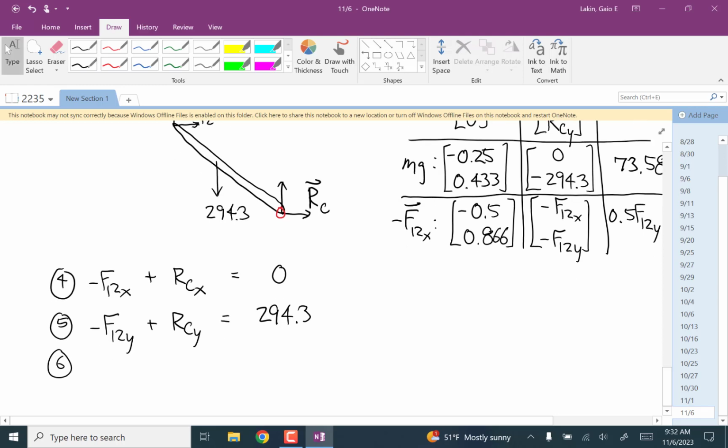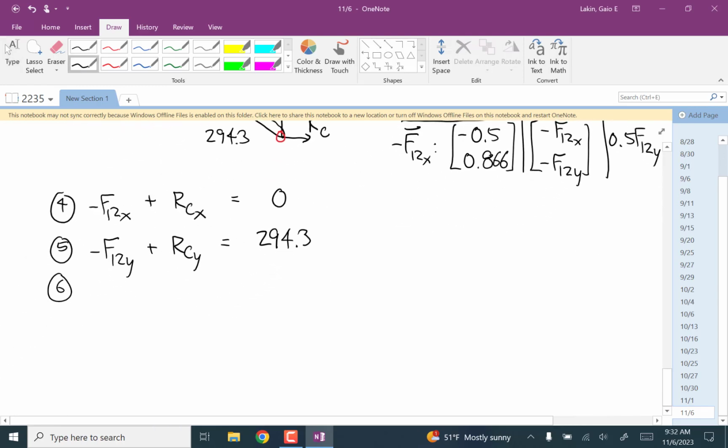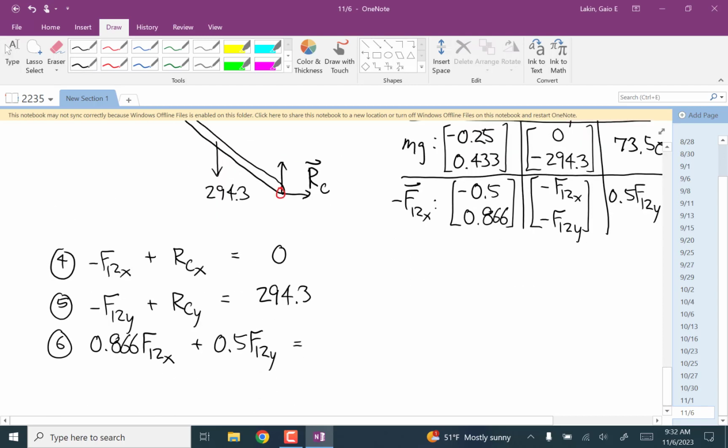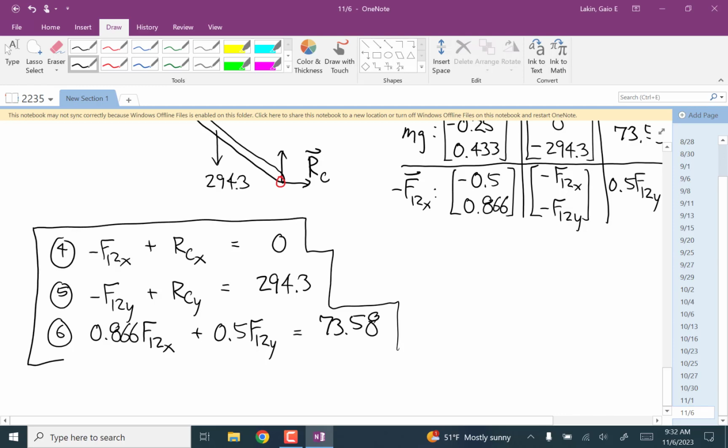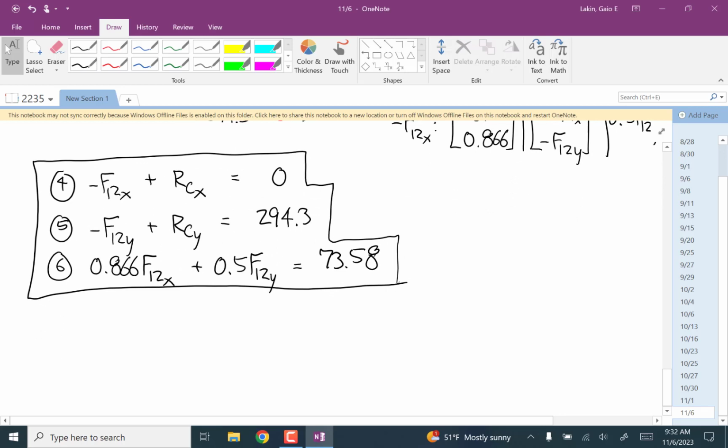And equation 6 says 0.866 F12x plus 0.5 F12y is equal to 73.58. Now we have 6 equations for 6 variables.